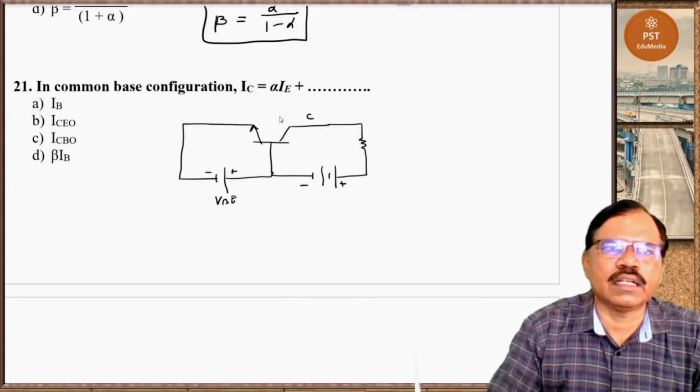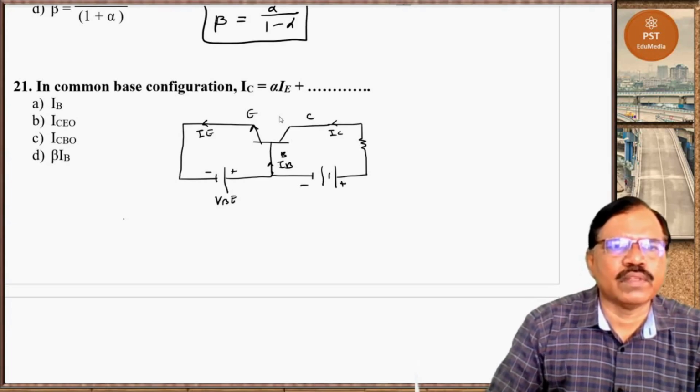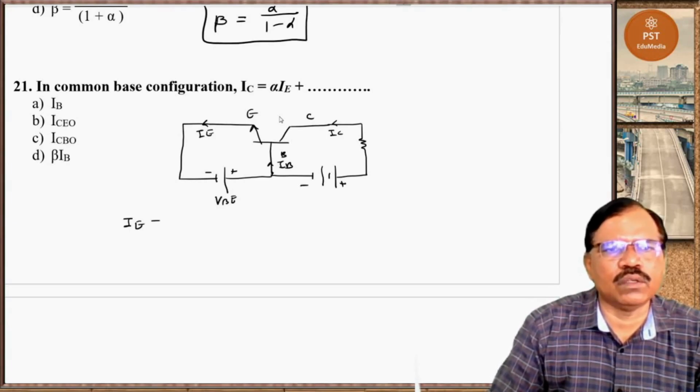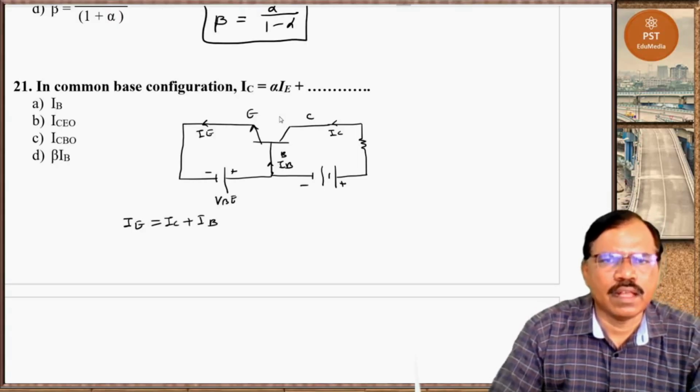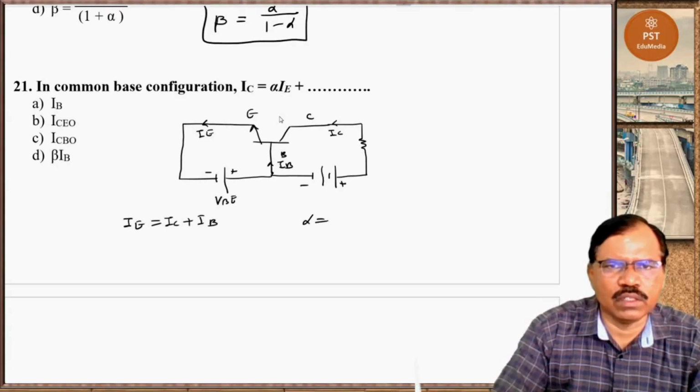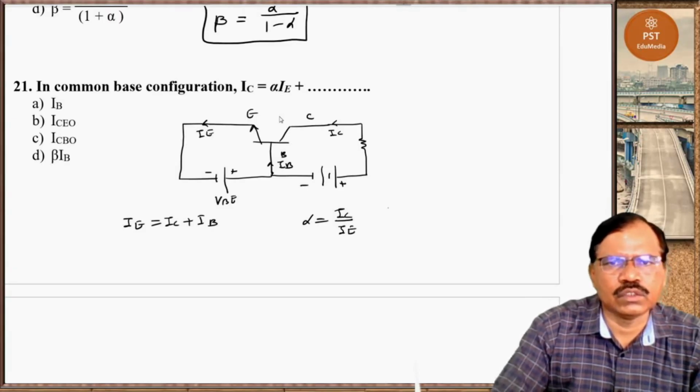This is collector, emitter, base. We have here IC, we have here IB, and here we have IE. And we know that IE is equal to IC plus IB. And we know alpha is equal to IC upon IE. So IC is equal to alpha times IE.